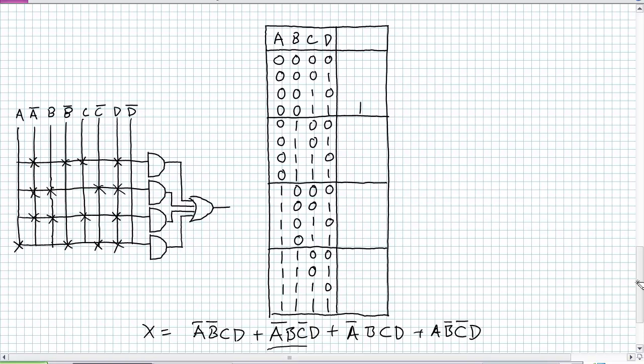And because of the OR gate, the output is a 1. Try it for all possible combinations of input. That's the only time the second AND gate produces a 1. Where was that? It's right here.